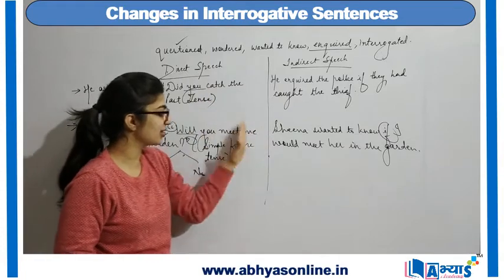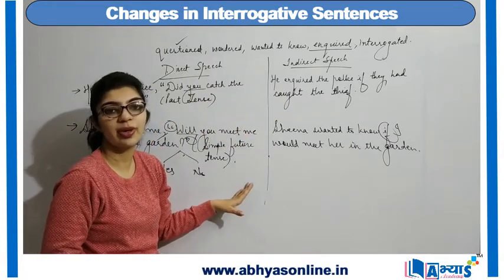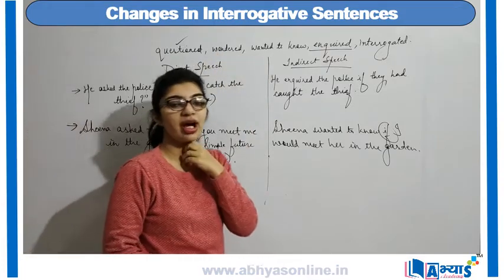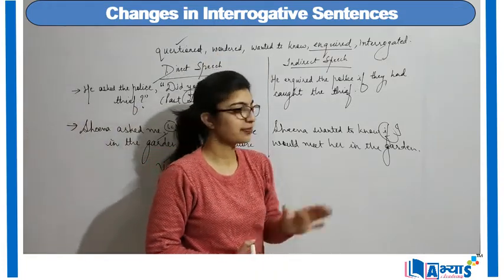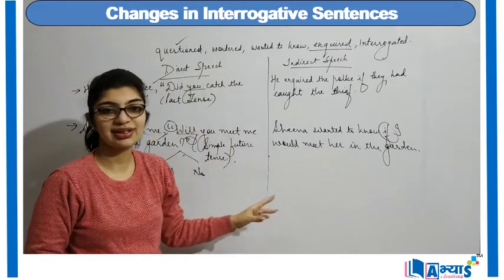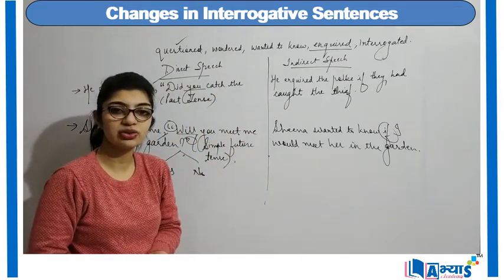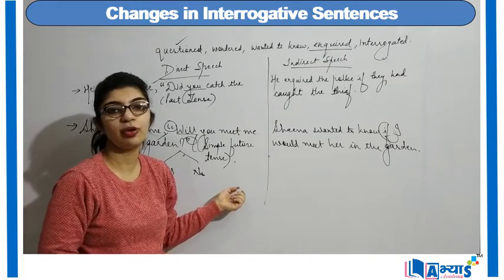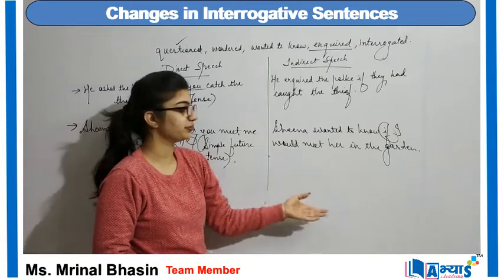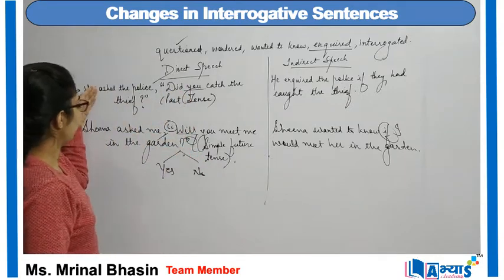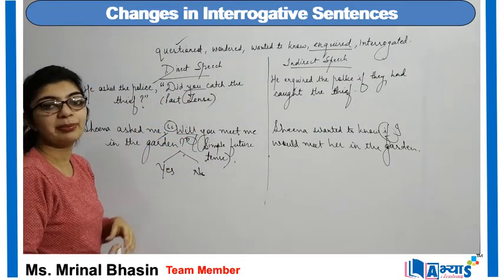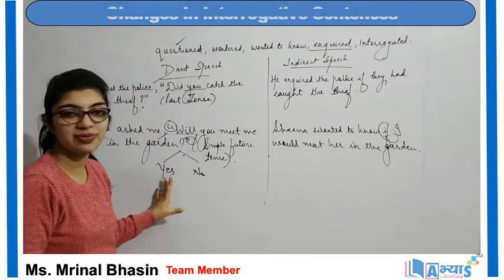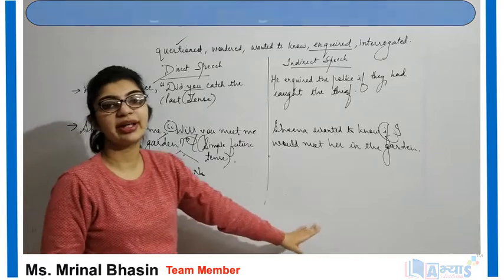Because these are the sentences which are used for asking questions. Thereby we have to make use of the words which are used for questioning. Then we also learned that the conjunction that is not used when we are converting interrogative sentences in direct form to indirect form. Then we understood the concept by implementing a lot of sentences which are in direct speech and then we converted them to indirect speeches.